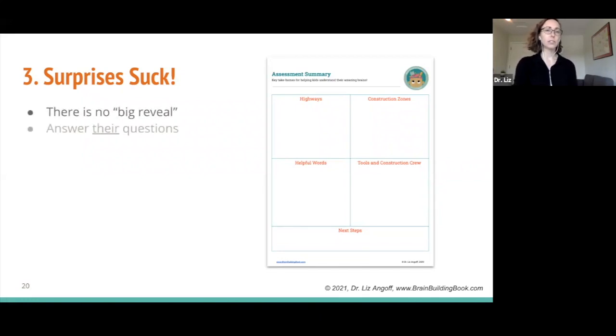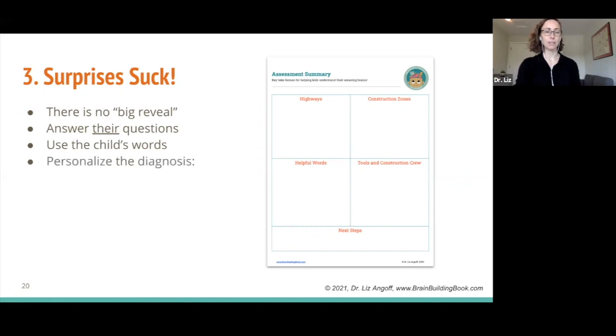So our goal is that there's no big reveal. We're answering their questions and really staying there. That's how we prevent overwhelm, by making sure that we're sticking to the questions that they asked. We're using the child's words. This is how we get the language and how we keep their attention, because we're reminding them of things that they've already said, and it's a lot easier to process. And then we're going to personalize the diagnosis.